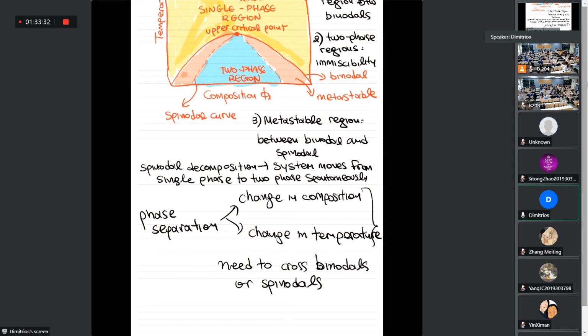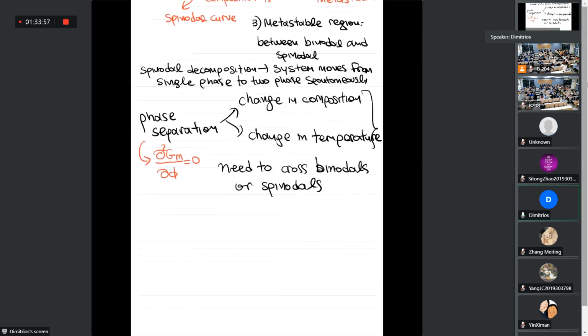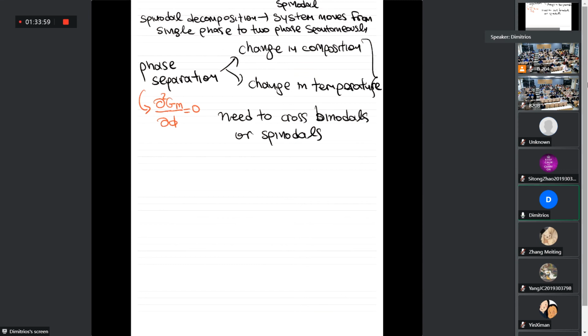Also, we said that the condition to have a phase separation is that the second derivative of the Gibbs free energy of mixing over volume is 0, okay? So, if we take the second derivative of the Gibbs free energy of mixing equal to 0, that is the condition.